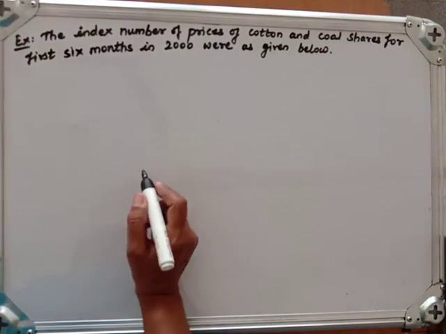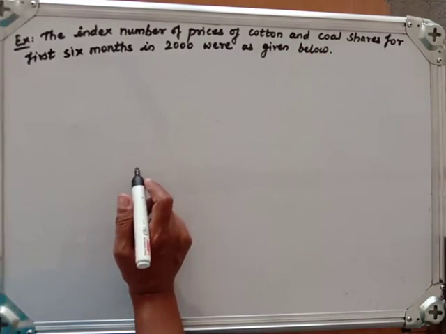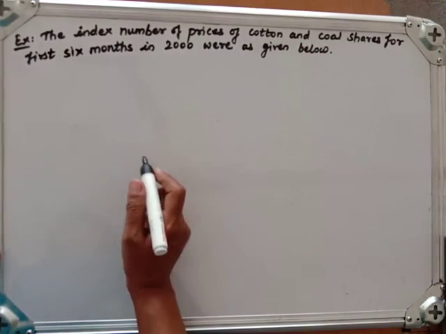Now the prices of cotton and coal shares for the first 6 months in 2000 are given to us.